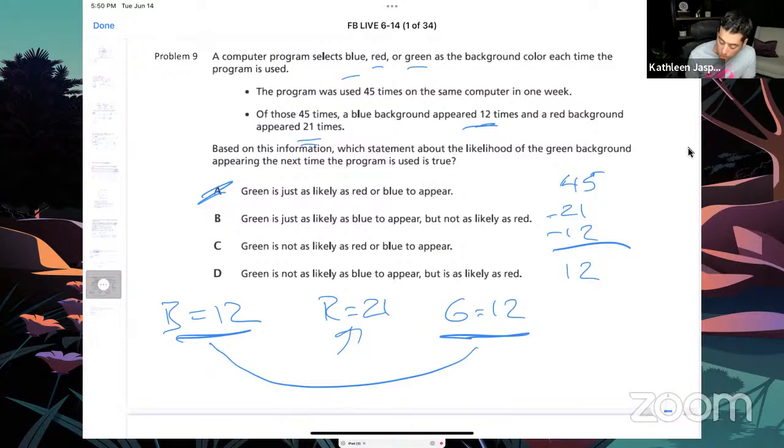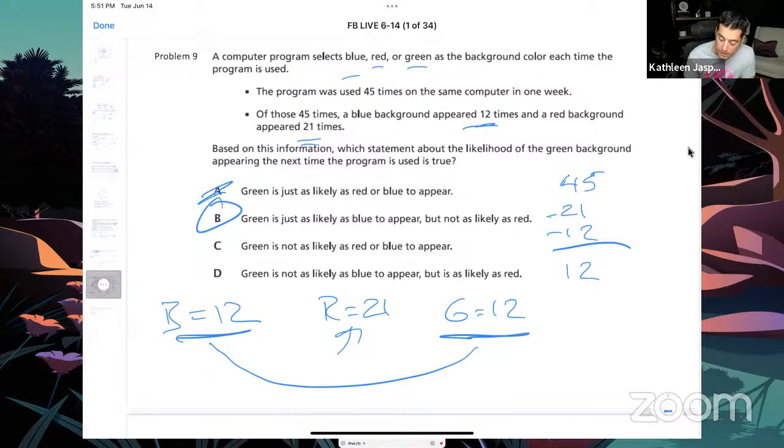So red is more, which makes this the right answer because that makes sense. It's not telling you that green's going to show up, but based off of the amount of each of these three, the probability is blue and green have the same. Red is more because there are more reds in this program.